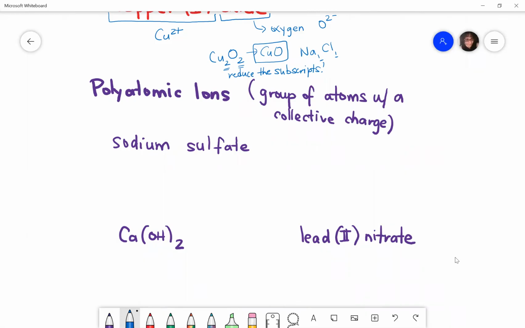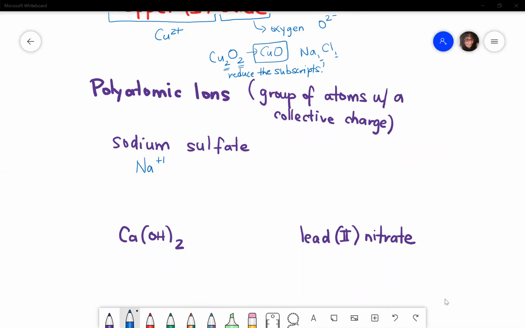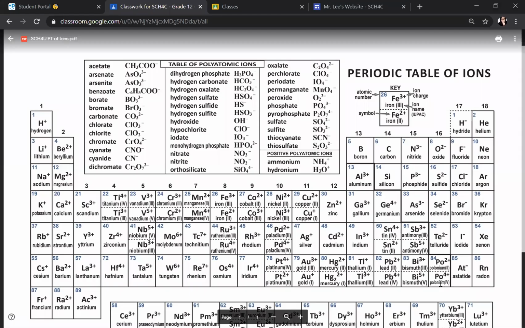Sodium is Na, and you might be wondering to yourself, what is this sulfate thing, right? Go to the periodic table again. This periodic table is going to become your friend, your best buddy by the end of this course. So now you're going to deal with this table above, and you are going to be looking for the sulfate.